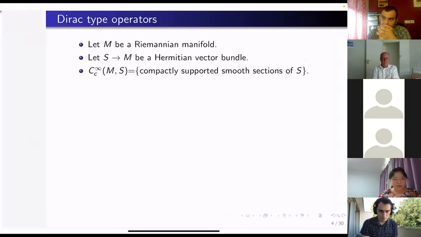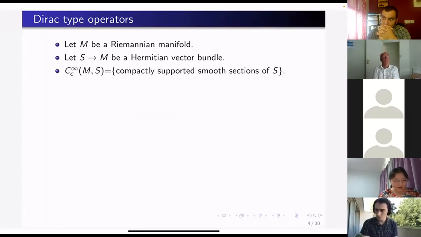So first of all, I would like to start from Dirac type operators. Let us consider a Riemannian manifold M and a Hermitian vector bundle S over that manifold where an inner product is specified.